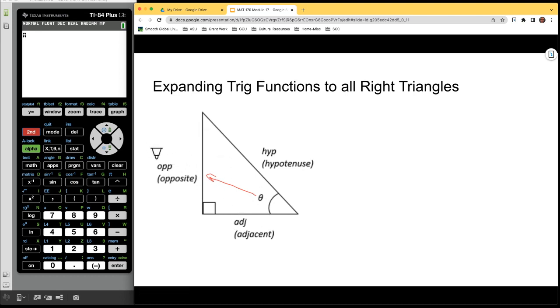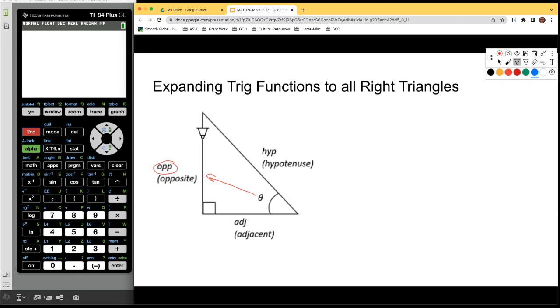So these are descriptive names. It's only this side is the opposite as long as we're talking about this angle, okay? So it's descriptive in reference to the angle. As soon as we come over, let me just change colors.